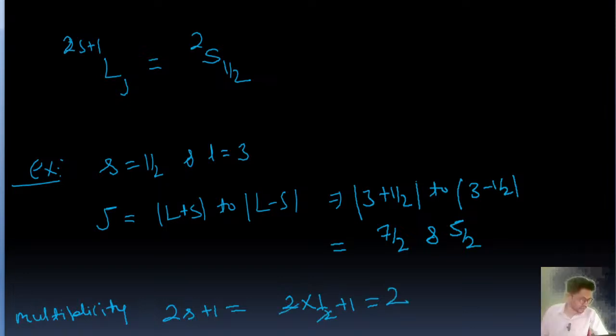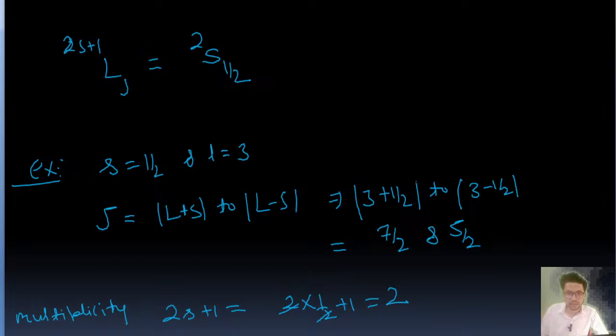So the spectroscopic terms are going to be, here you can see L equal to 3 means F, right? So 2F 7 by 2 and 2F 5 by 2. These are the spectroscopic terms.